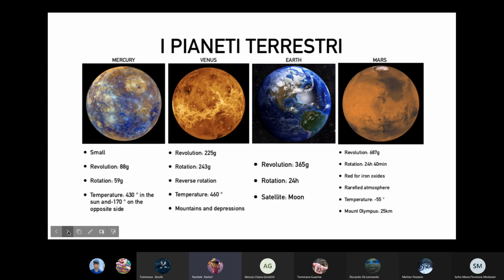Mars is red because of the iron oxides it contains. It has a very rarefied atmosphere, and here we can find Mount Olympus, which is the highest mountain in the solar system, and it is 25 kilometers high.